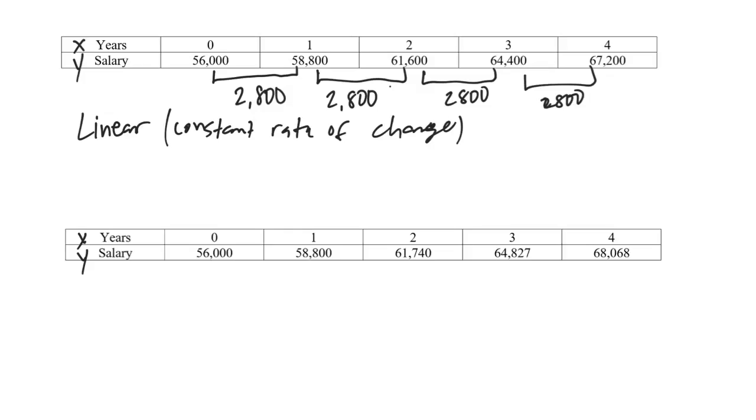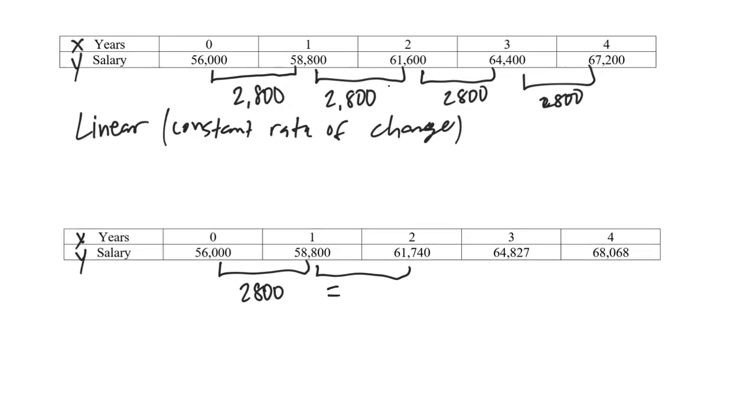But if it doesn't, then it might be some other type of function that follows a different methodology for its rate of change. And so if you look here from 56,000 to 58,800, you see that you do have that difference of 2,800. But if you go for the next one, this is not a change of 2,800.